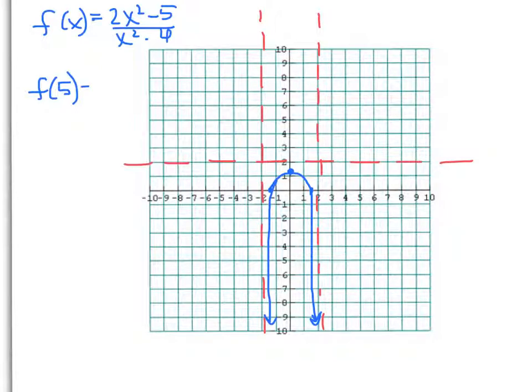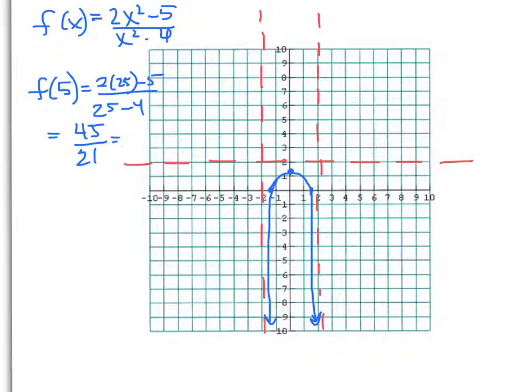So if I plug in x equals 5, I have 2 times 25 minus 5 over 25 minus 4. Don't worry if it comes out to be a fraction. So on top we have 50 minus 5, so we have 45 over 21. So this would be a little over 2.